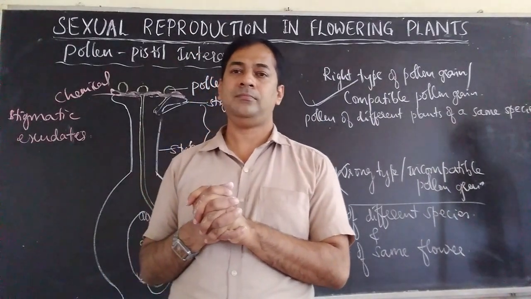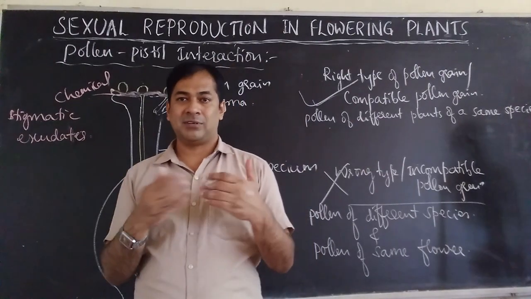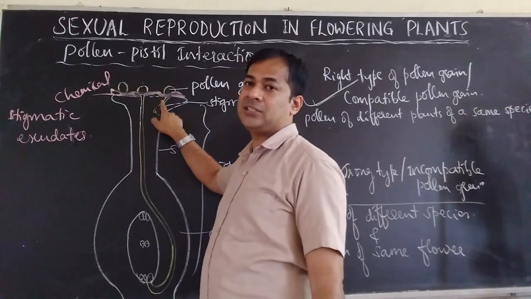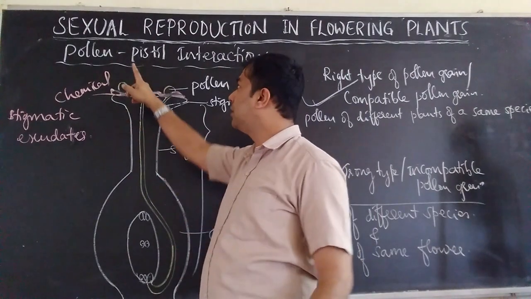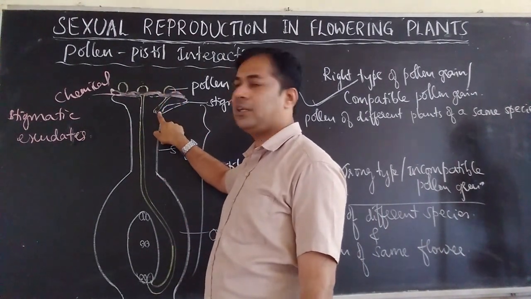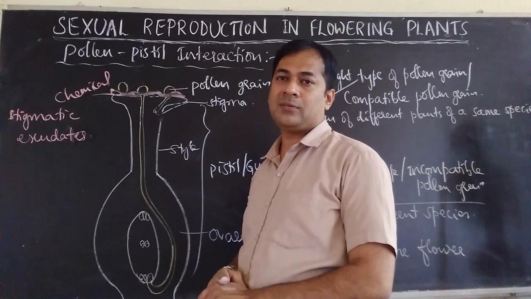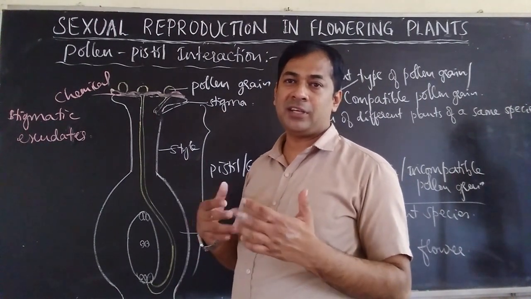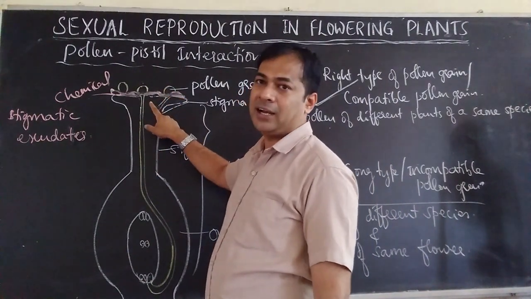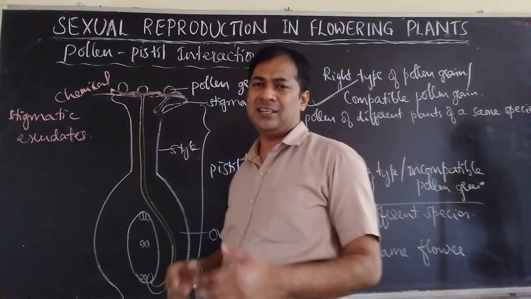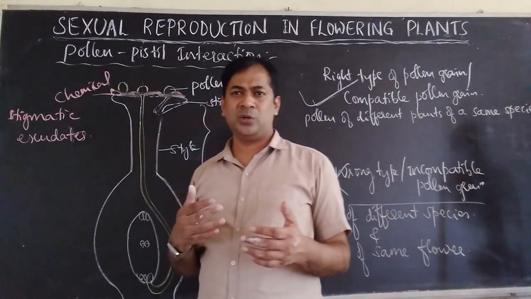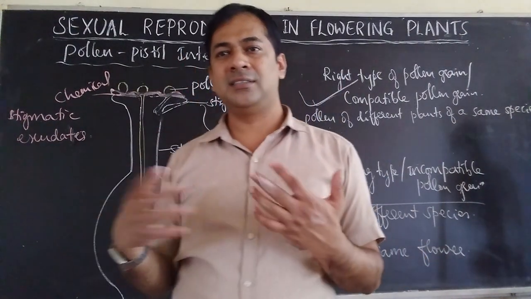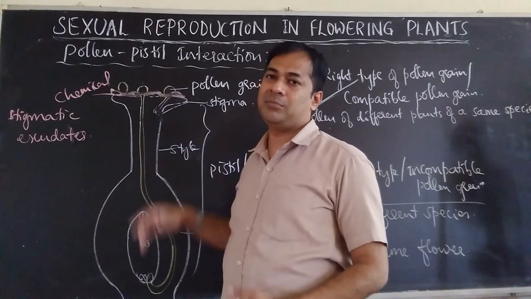This interaction between the pollen grain and the stigma is what we call pollen-pistil interaction. In the textbook they have beautifully given it: it's a continuous dialogue between the pollen grain and the pistil. Dialogue here does not mean talking, not that kind of dialogue. Continuous interaction is there between the pollen grain and stigma.